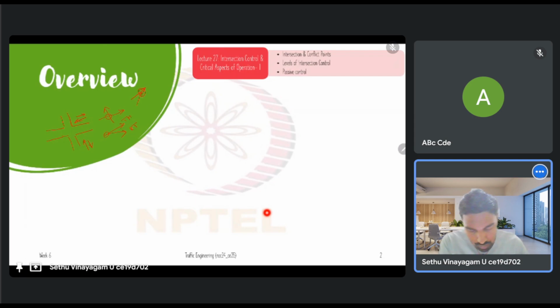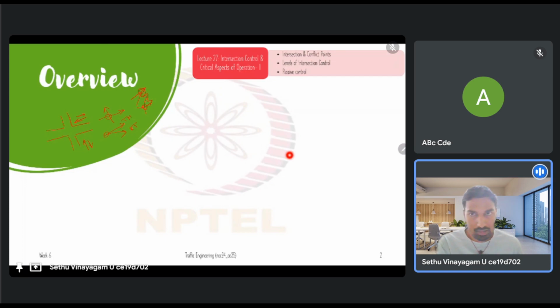Or we can have crossing from turning movements, two different turning movements from different approaches crossing each other, and there also we get conflicts. So there can be crossing, merging or diverging. When these happen, we call those points conflict points.